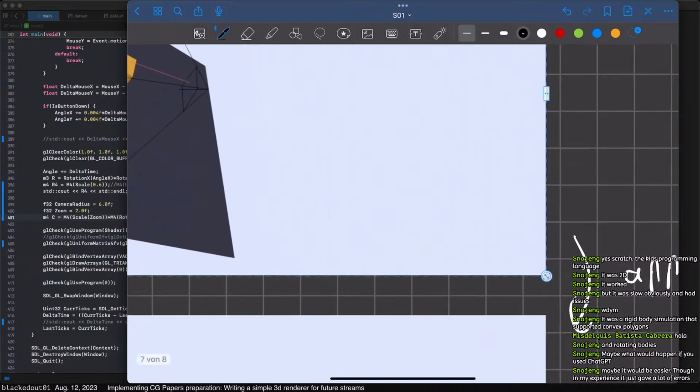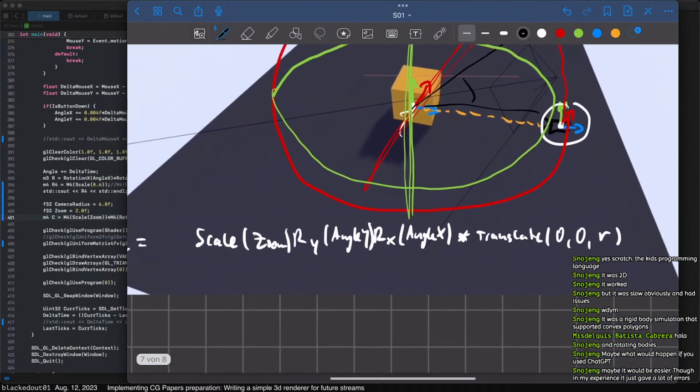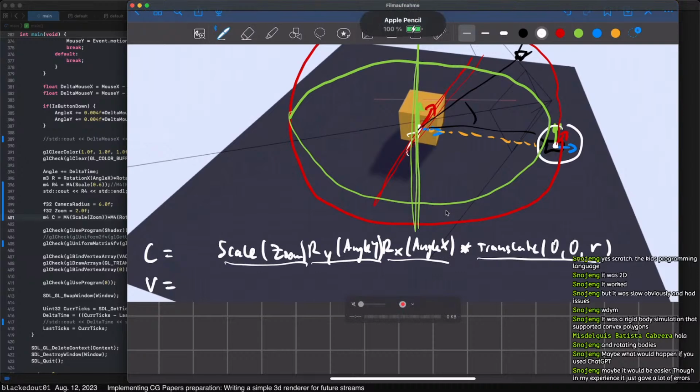So yeah, this is what we can do now. So basically, to get the view matrix, the only thing we need to do is flip each of these here and invert them. So what does it look like?